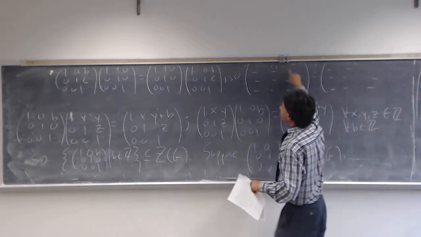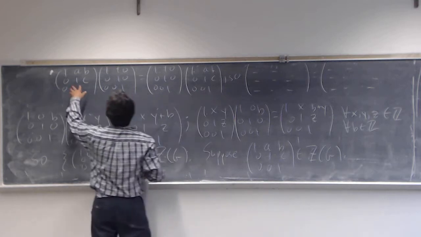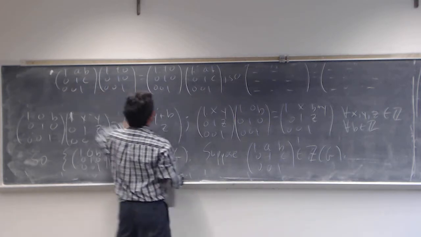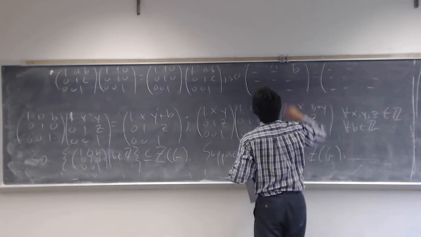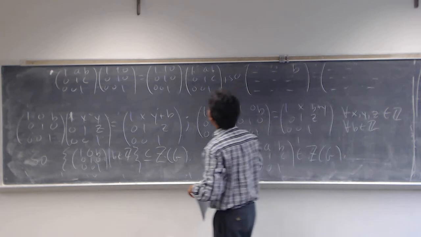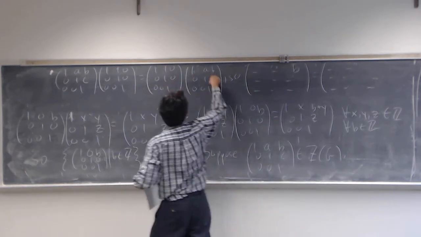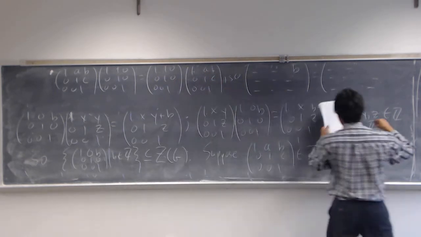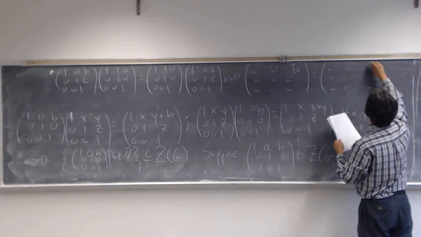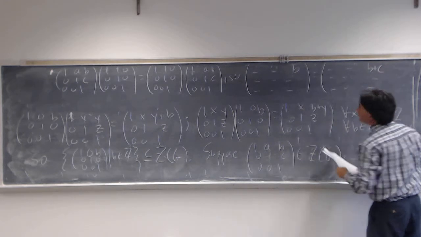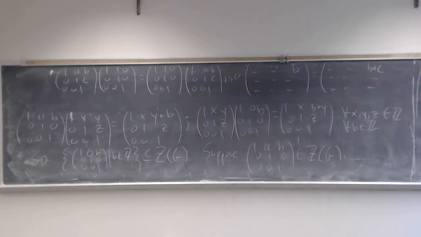But let's look at what goes in this column. So here I would just have B, and then here I would have B plus C. So certainly if that commutes, those two products are going to be equal, so the resultant two matrices will be equal.